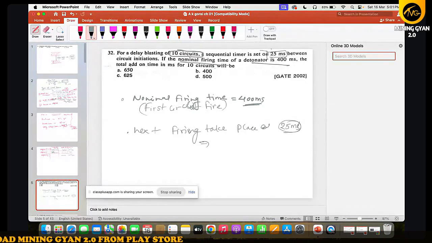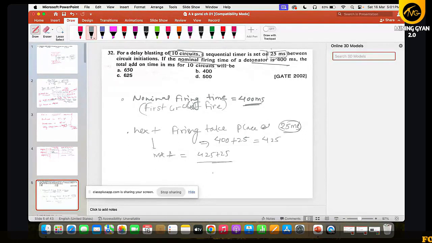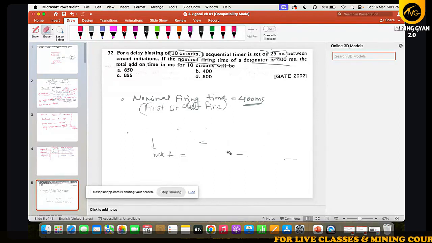For the detonator, 25 millisecond is the delay, so for the next it will be 25, and for next 25, 25। तो ऐसे तो हम करेंगे नहीं ना, ऐसे करते चलना है। But for this, we have to solve in this examination, so we will not go like this.